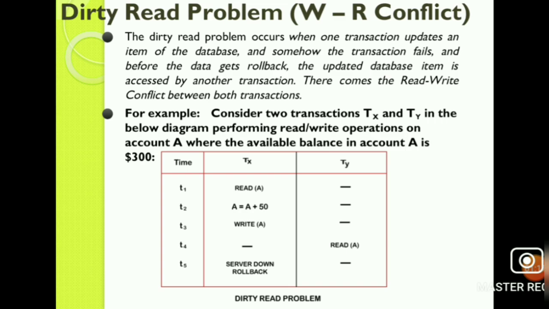Okay. Now a server rollback occurs in transaction Tx. It means that A will get the previous value. But Ty already read the updated value of A. That is called the dirty read problem.